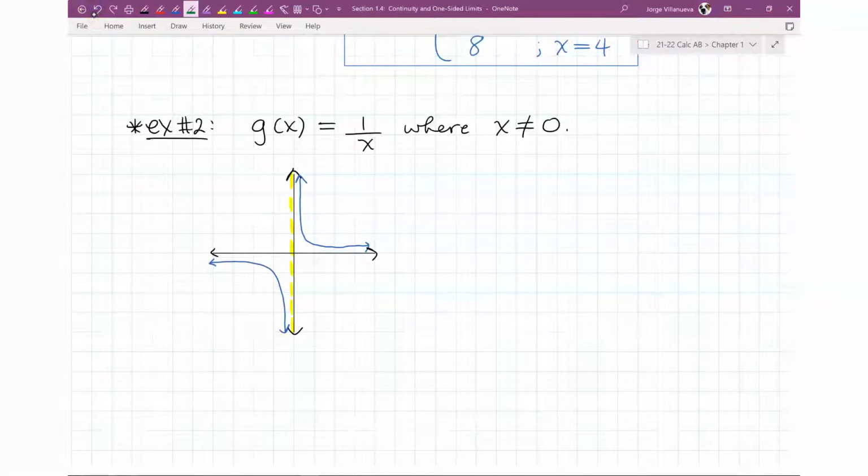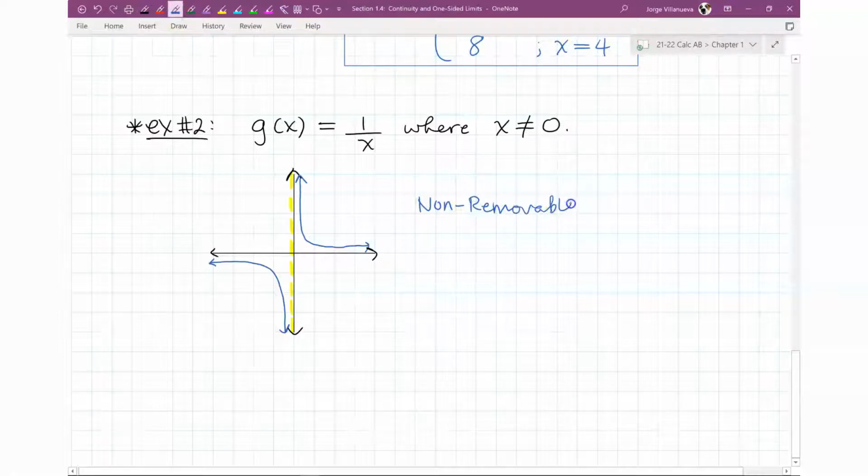No way. So this is called non-removable discontinuity. Okay, you can't fix it. You can fix the other one, but you can't fix the one that I just showed you.